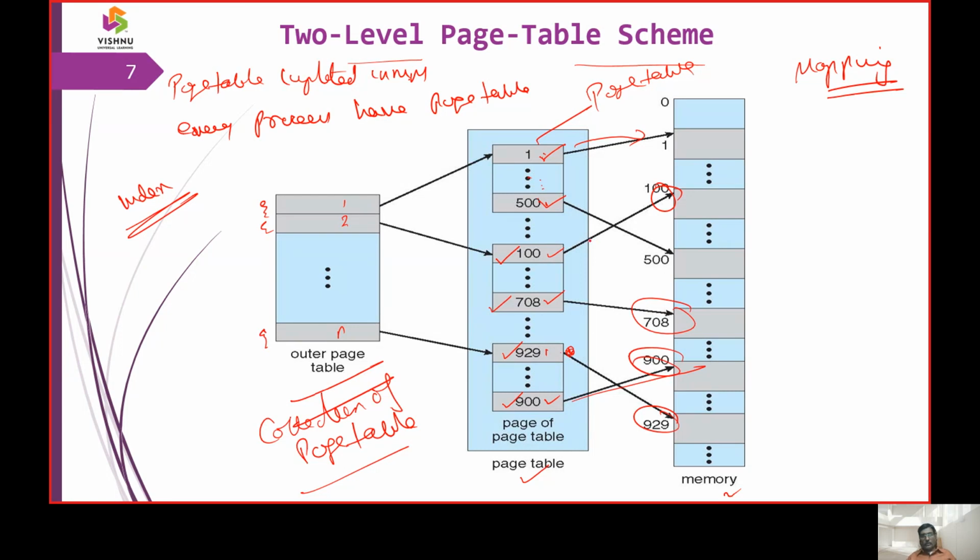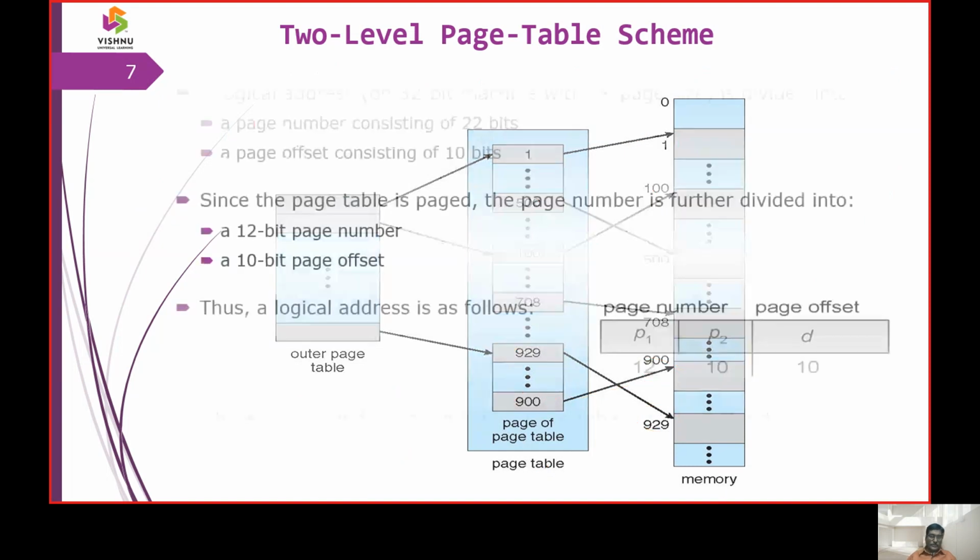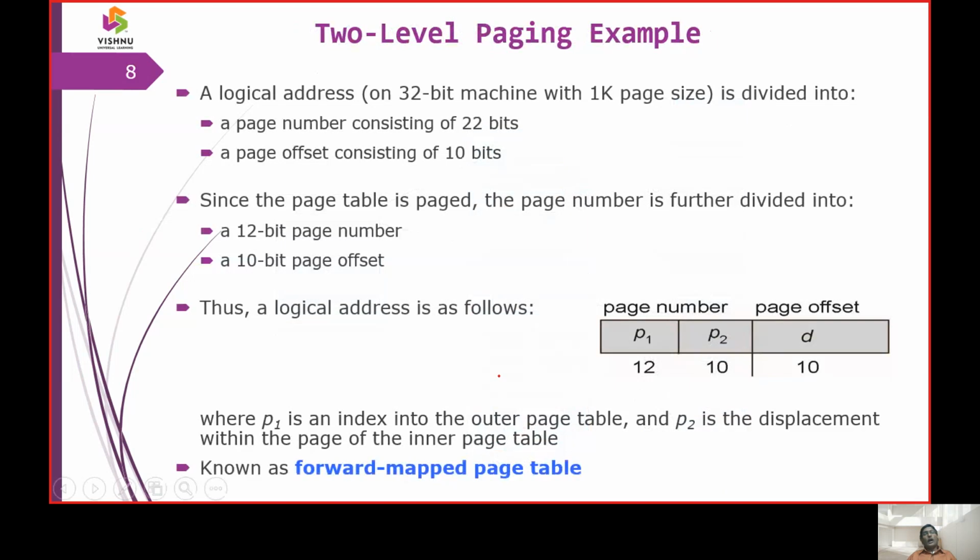So the spread of the table is again represented, and you can see the beginning and ending of a table are marked between these two levels of items. So how is an address going to be found when we implement this two-level paging concept?